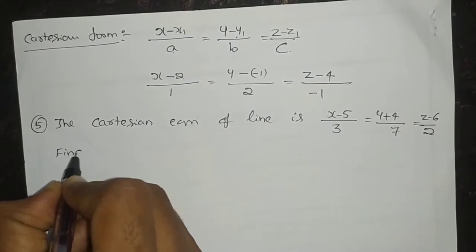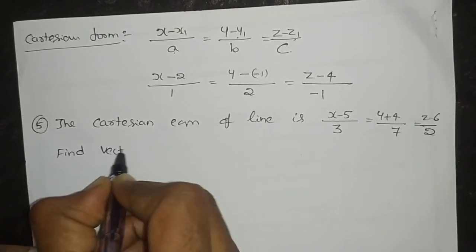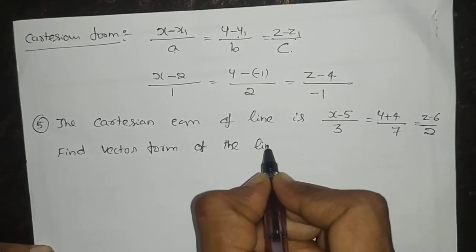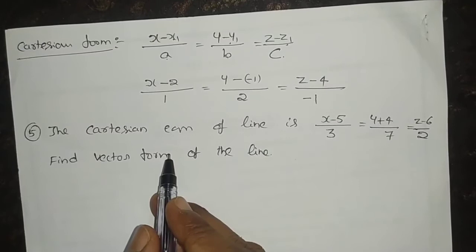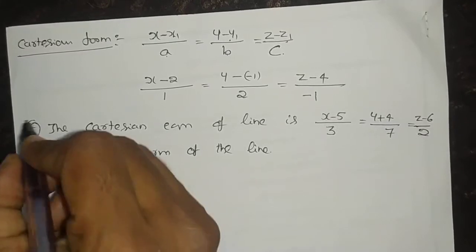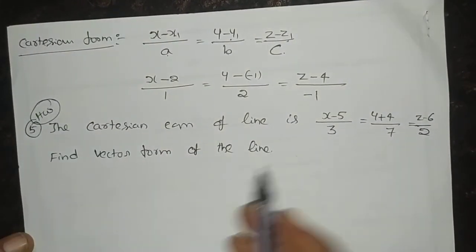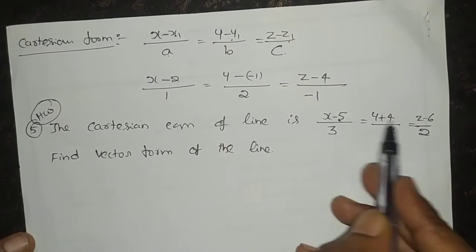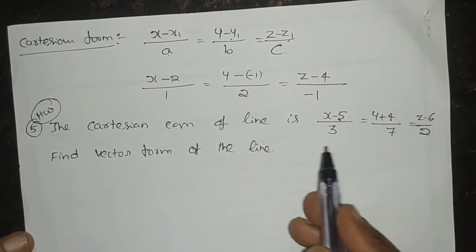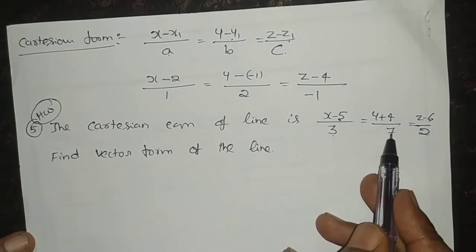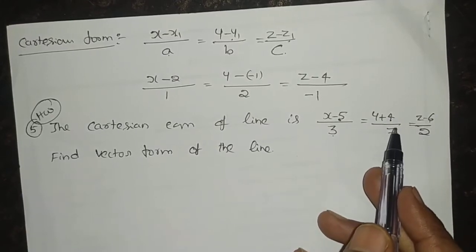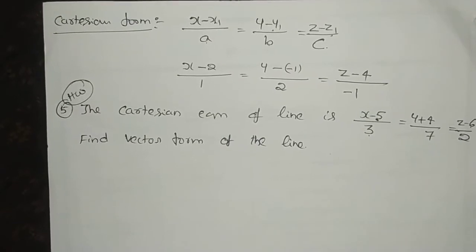Find the vector form of the line. It is a problem very similar to the third one. You just see the third one and do this problem. x1 is 5, y1 is minus 4, z1 is 6, a is 3, b is 7, c is plus 2. By using these values you can easily find the vector equation.